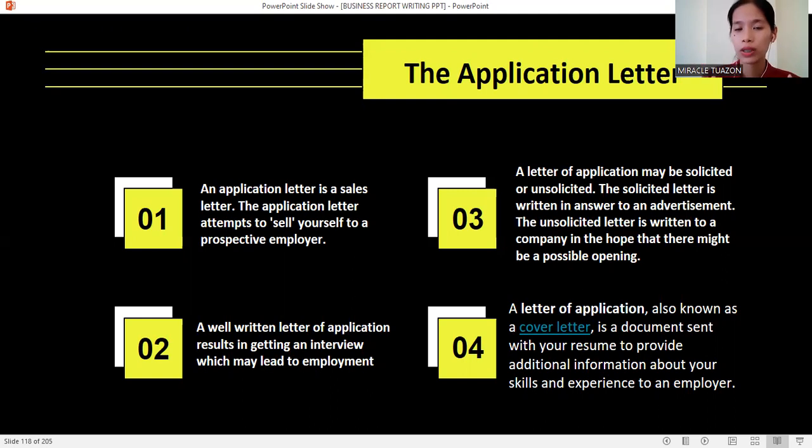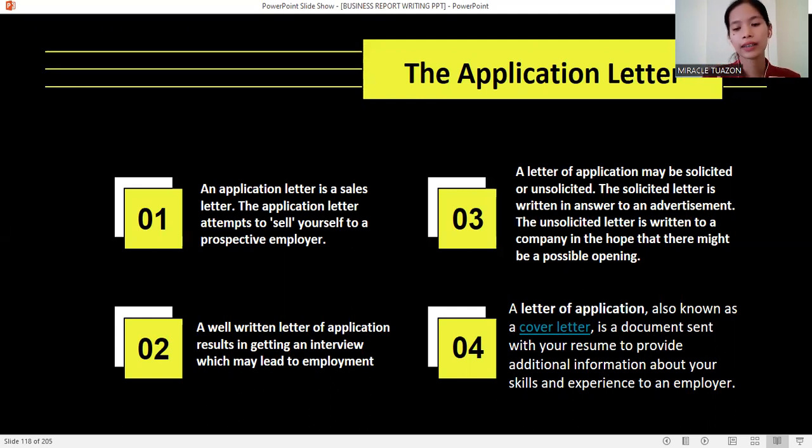Ulitin ko po, when we say solicited application letter, it is a response or an answer to an advertisement. Ikaw yung mag-a-apply because nakita mo na nangangailangan yung company. May job hiring sila. While the unsolicited application letter, you are just writing personally to the company and hoping na matanggap ka because there is no assurance na may vacancy sa kanila.